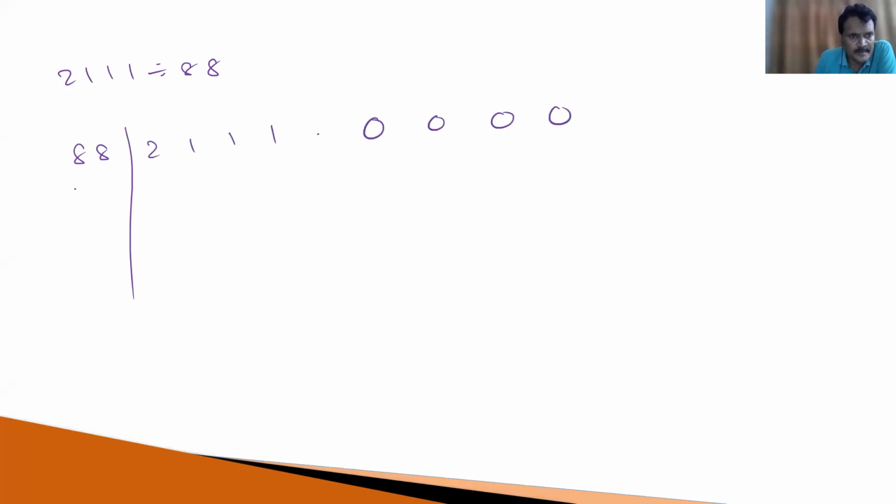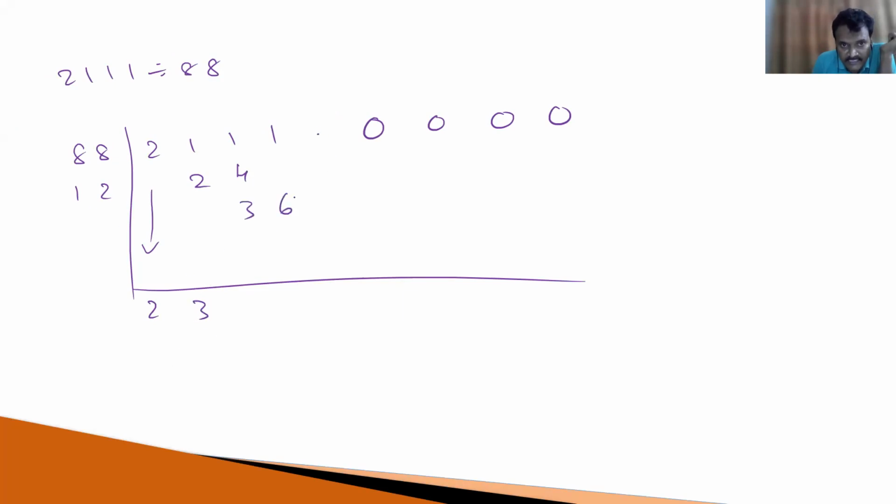Let us take 2111 divided by 88. So 88 into 2111.000, and this is equal to 12. Straight away write down 2 as it is. 2 into 1 2, 2 times, that is equal to 4. 1 plus 2, that is equal to 3. 3 1 times 3, 3 2 times 6.